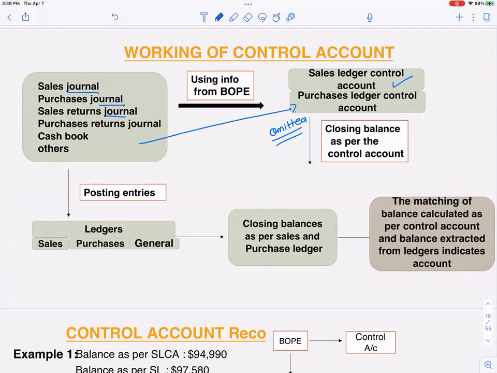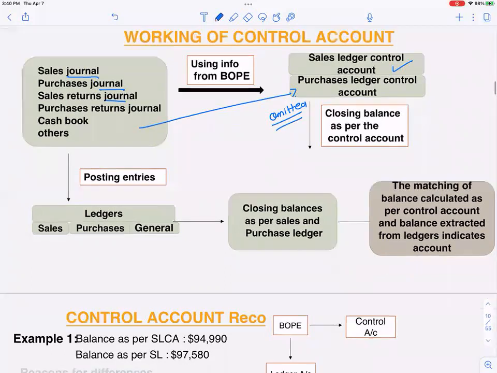Control account and trade receivable account is different. So if sales ledger comes, where will you put the things in? The trade receivable account. If sales journal comes, where will you put the things in? The control account. Yes, very good.